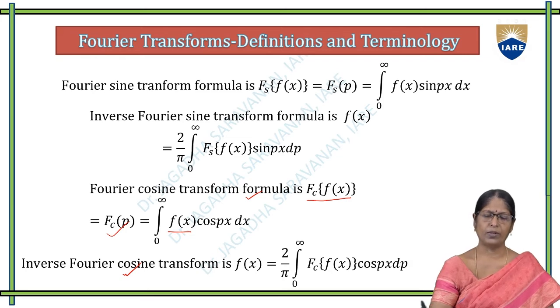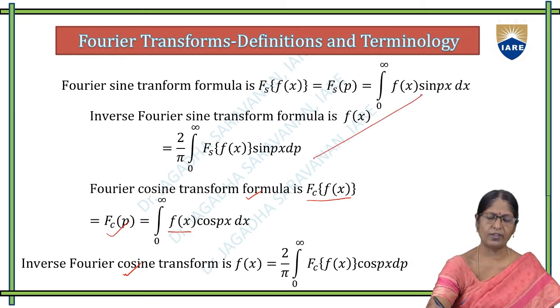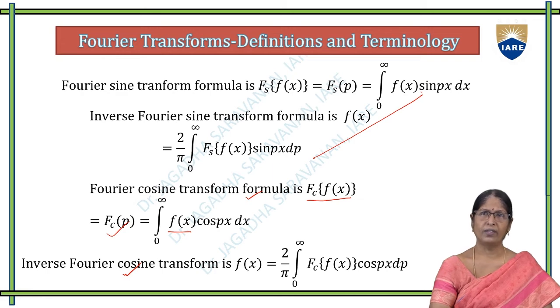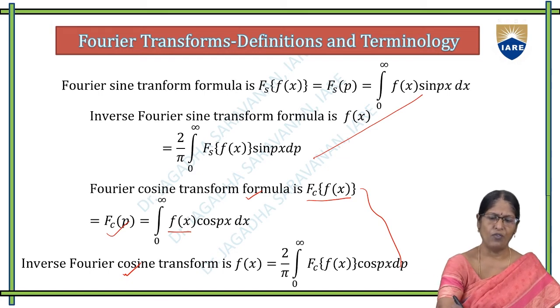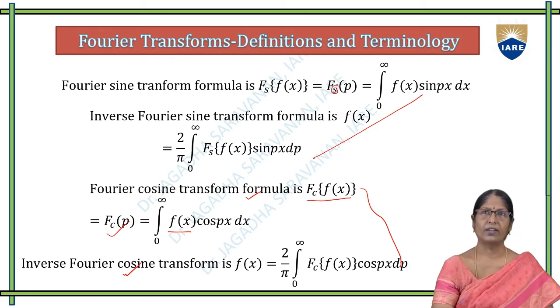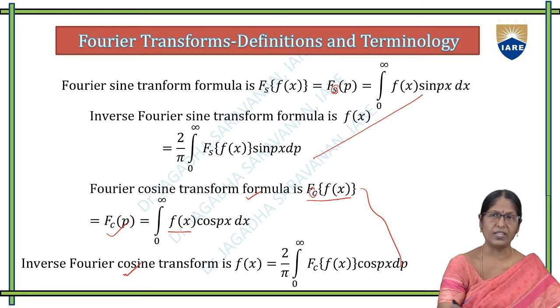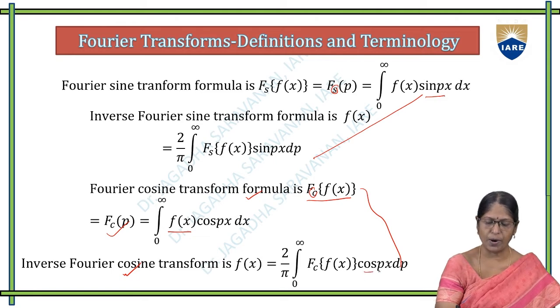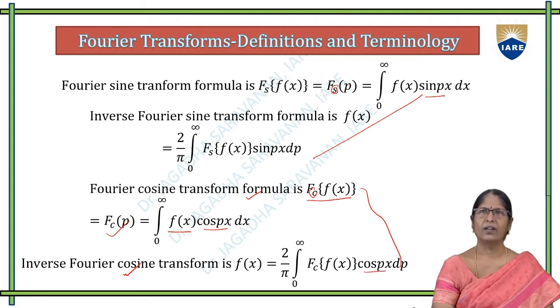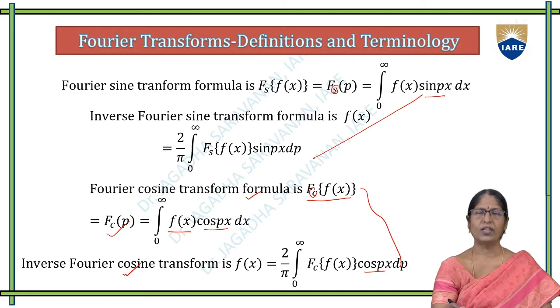It is the same as what we have done for Fourier sine, only with cosine. The difference is that wherever s is there, it is replaced by c. Wherever sine px is there, that is replaced by cos px. The remaining, we have just written as it is.